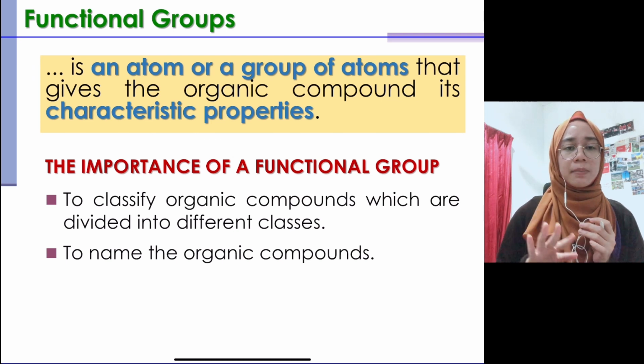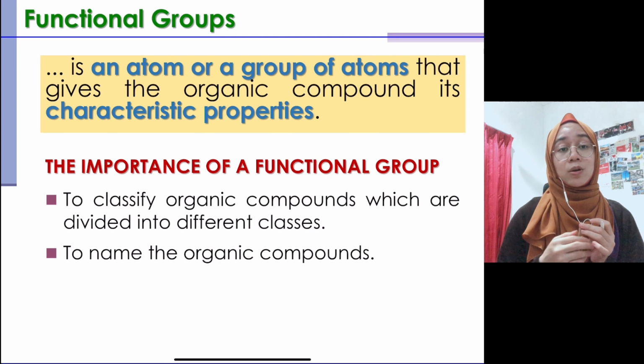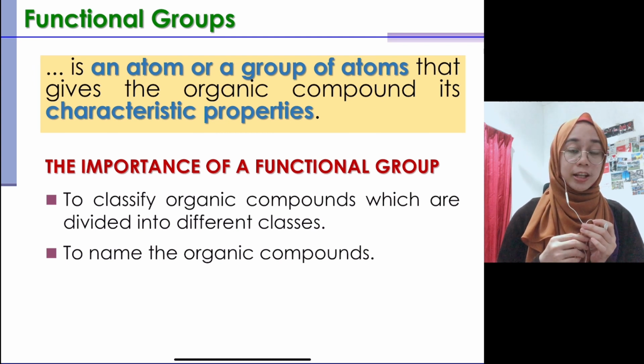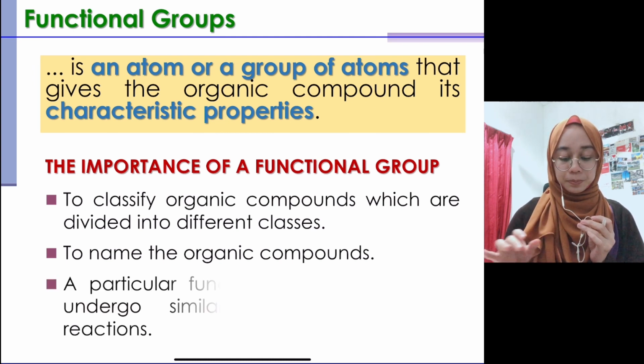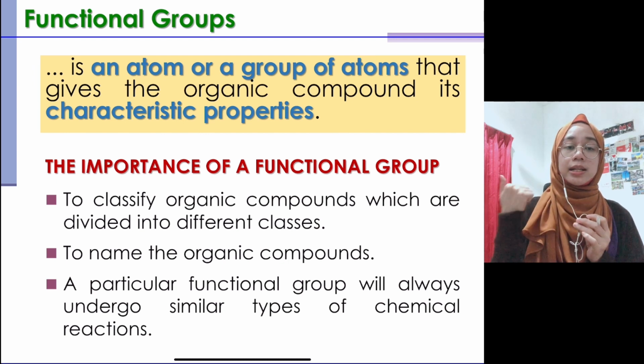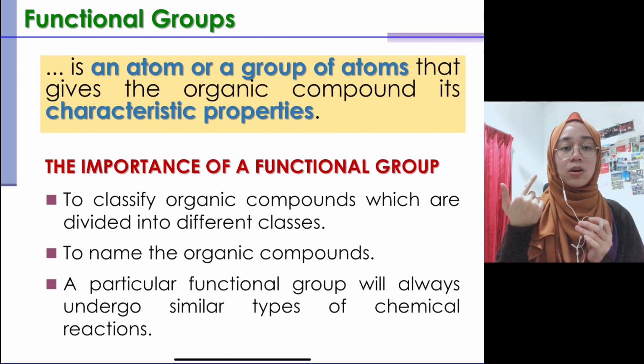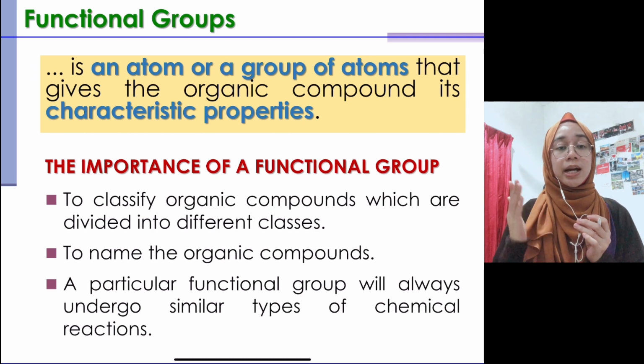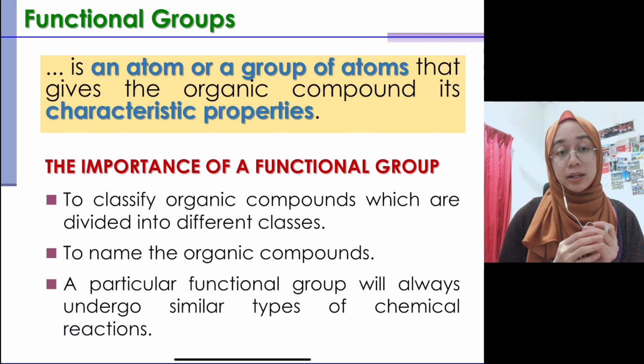Do we name it based on carboxylic acid? It all depends on the functional group. From that we know how to name it. And then a particular functional group will always undergo similar types of chemical reactions. So usually if it is an alcohol, whether methanol, ethanol or propanol, it will undergo a similar chemical reaction.